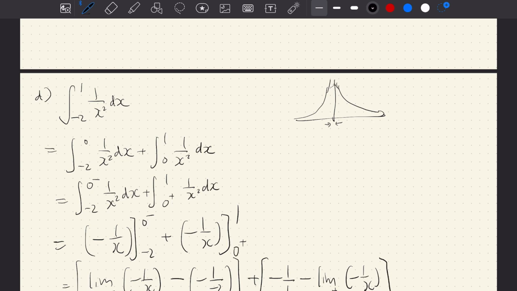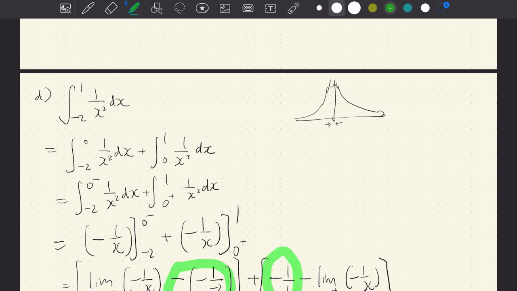So you can see that here, this term is negative 1 half. This term is negative 1 half, and this term is 1, the negative 1.